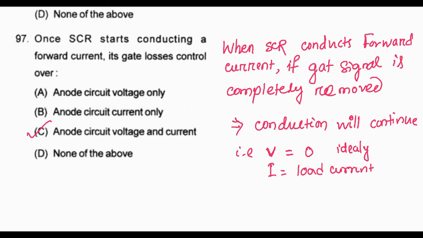That means there will be no change in the conduction. Ideally voltage will be 0 across that thyristor, and current will be according to the load. That means the gate is losing the control over both voltage and current.